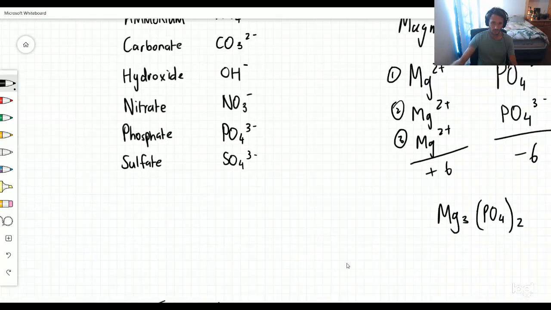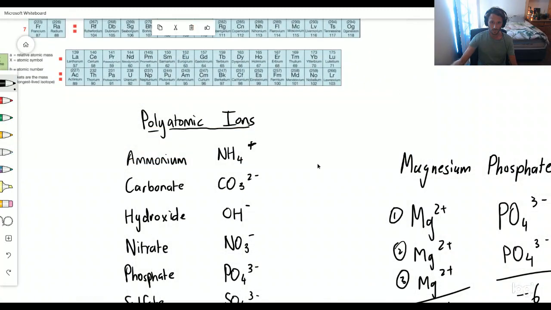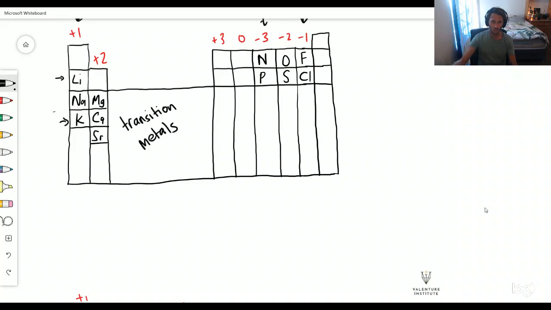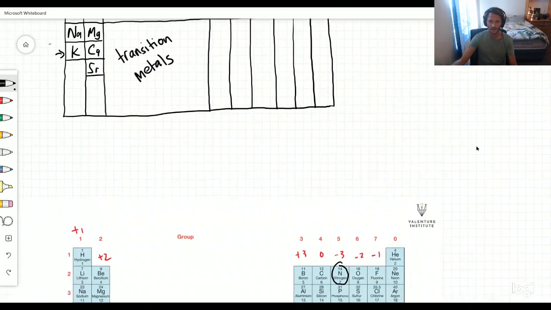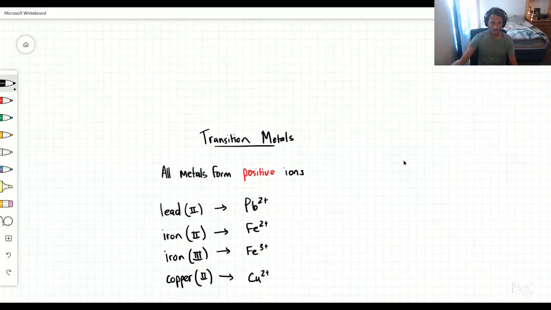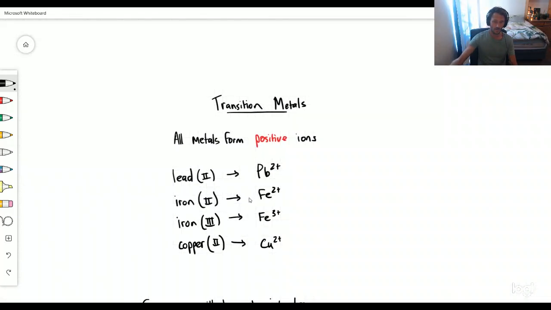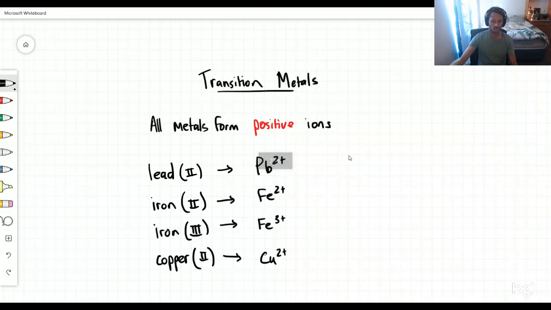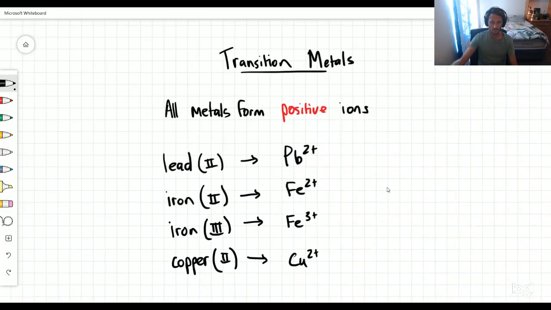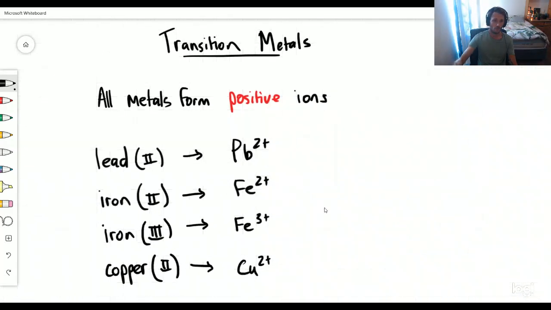What about these transition metals? Remember in the beginning of this video, I said I would be talking about these transition metals like gold and silver and copper and iron. What kind of charge do they have? Well, all metals form positive ions. We can see this from things like sodium and magnesium, right? Most of the time, you will be given a Roman numeral for one of these transition metals, like lead.